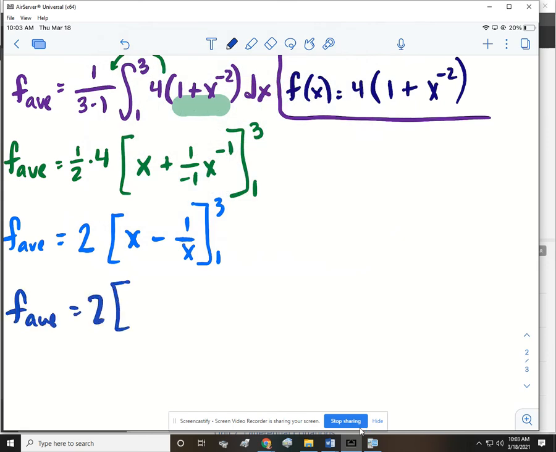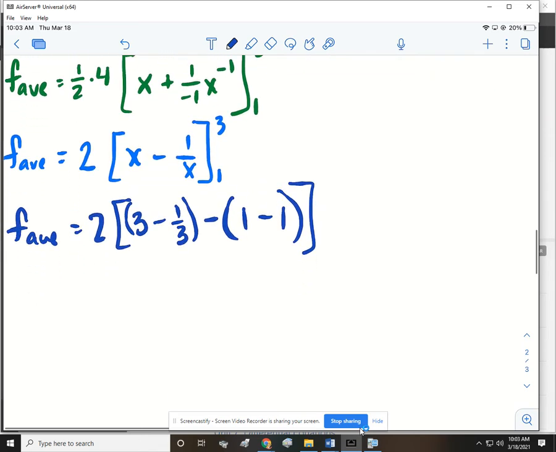So the first one I would plug in would be 3. It would be 3 minus 1/3. And then minus, and I would plug in 1. Okay. 3 minus 1/3 is 9/3 minus 1/3, which is 8/3.